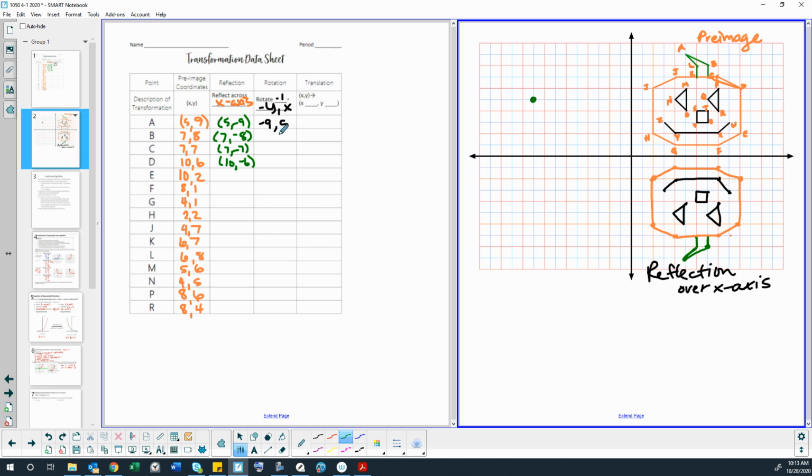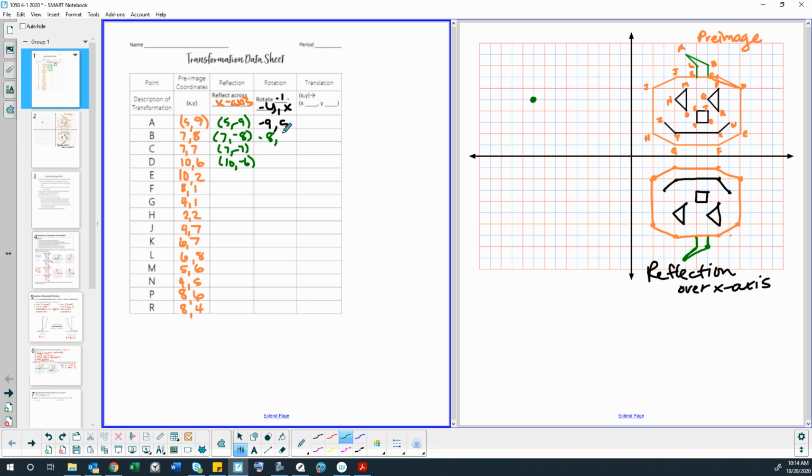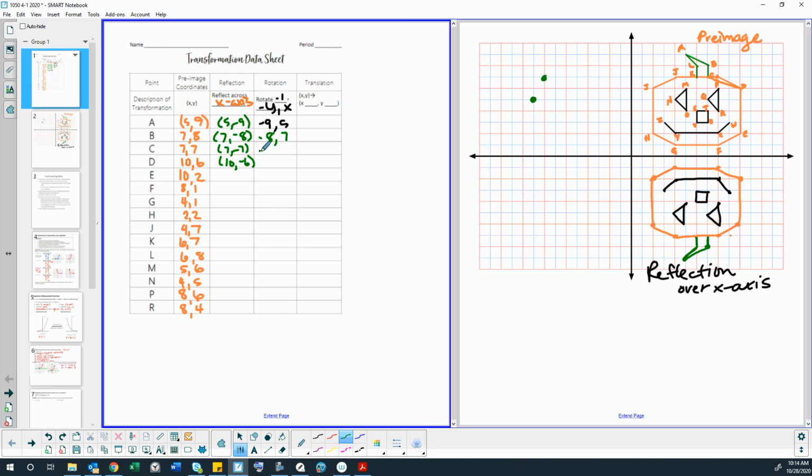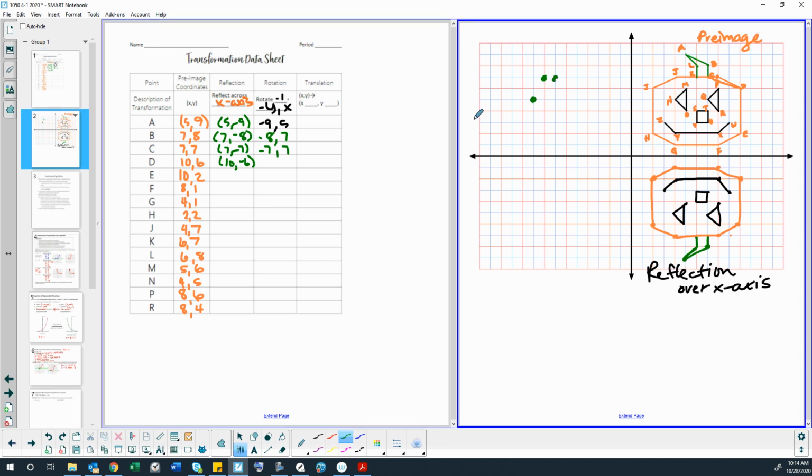And then that means B would switch, 8 and 7 would switch places, but 8 would be negative and 7 positive. So 1, 2, 3, 4, 5, 6, 7, 8, and then 7. And then for C, we would have -7, 7. So -7 and 7.